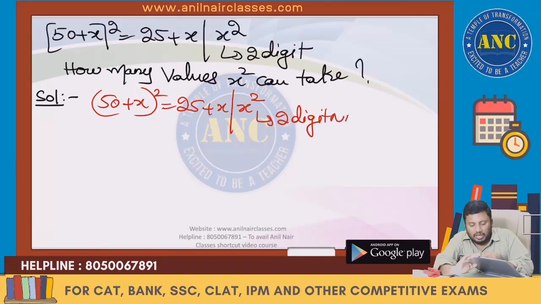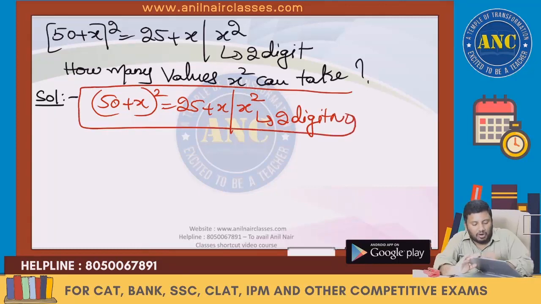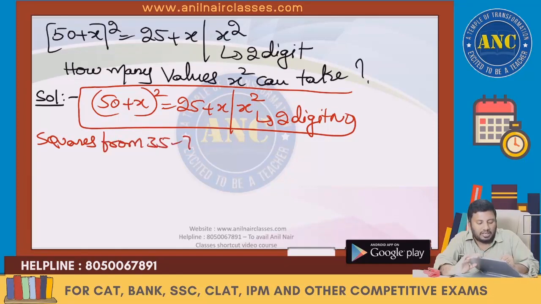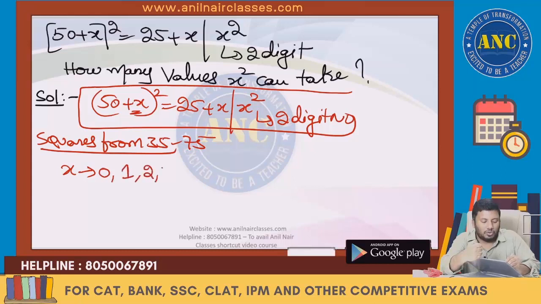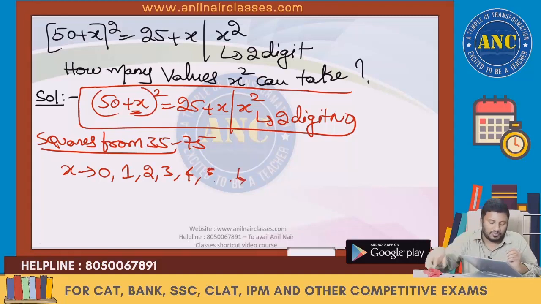This logic is used for all the squares of numbers from 35 to 75. That means x value can take 0, 1, 2, 3, 4, 5, 6.